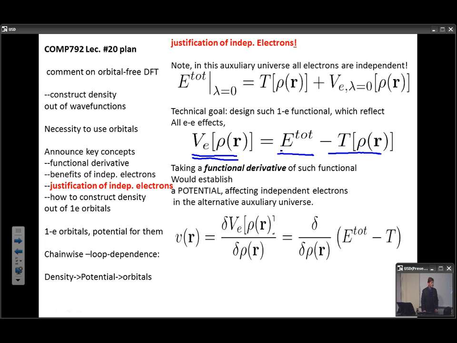And now we apply our new friend, the functional derivative, to vary this one electron functional with respect to change in density and get a potential. So it is a potential that is rigorously a one electron construction, but it could be designed, again, by now we do not provide practical ways, but it could be designed in such a way that it will reflect the multi-electron nature of the system.